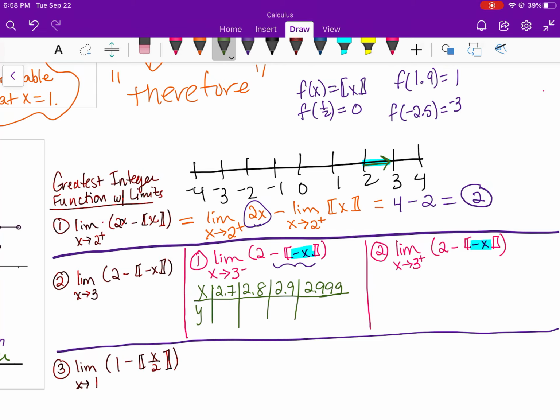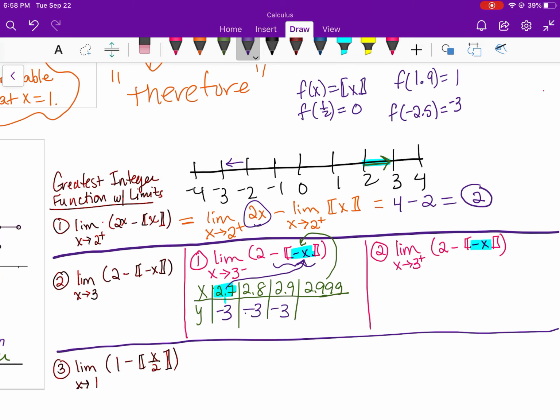All right. Now, those are numbers approaching 3 from the left. When I put them in right here, I'm going to be using the negative of that value. So if I take my first one, I'm going to be looking at the greatest integer for negative 2.7. So I'm taking 2.7 and I'm plugging it in right here. And now it's negative 2.7. So the greatest integer for negative 2.7 is negative 3. For 2.8, it's also negative 3.